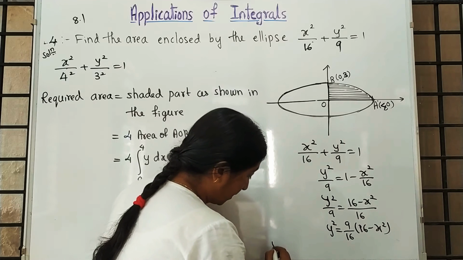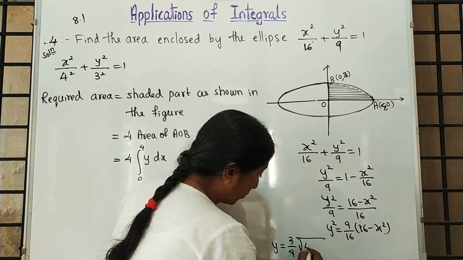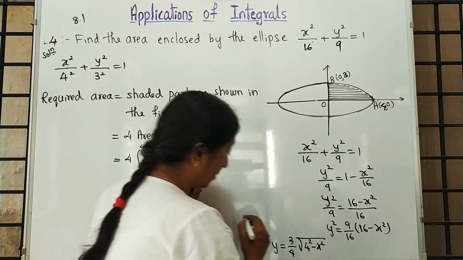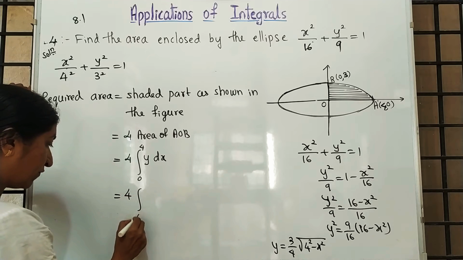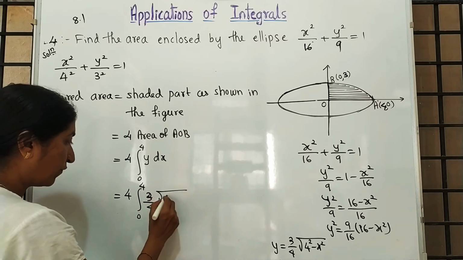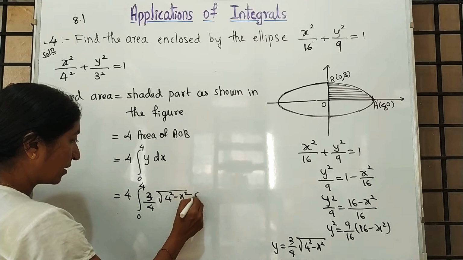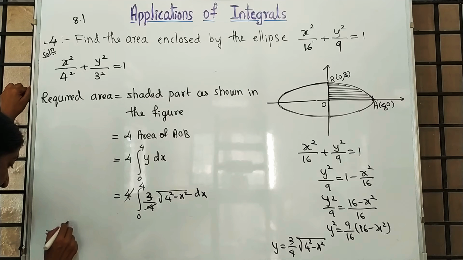For our convenience, y is equal to 3 by 4 square root of 4 square minus x square. So it is 4 integration from 0 to 4, 3 by 4 root of 4 square minus x square into dx. This 4 gets cancelled, only 3 comes outside, and write the integration.